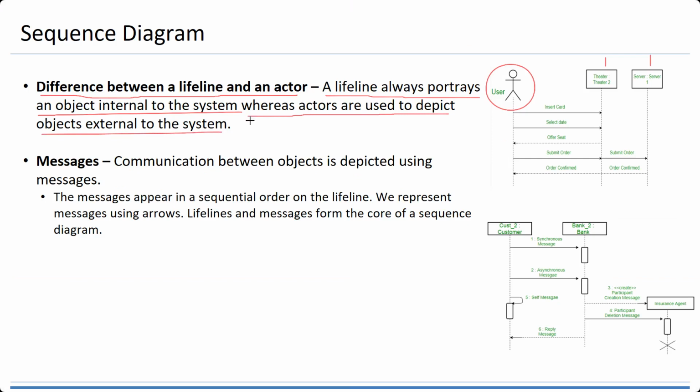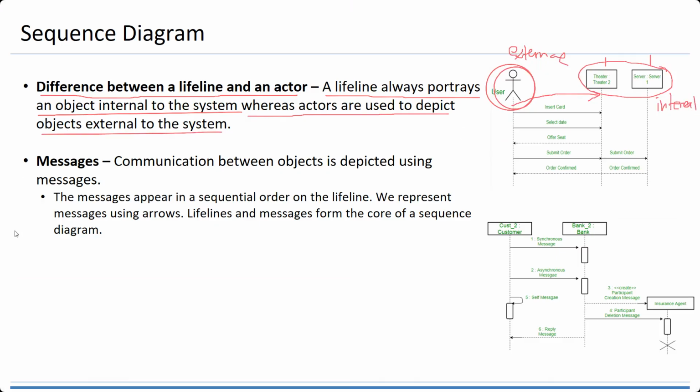So it means this is the user who will connect to the system. So we call this the external. And those two, the lifelines, they are internal in the system.